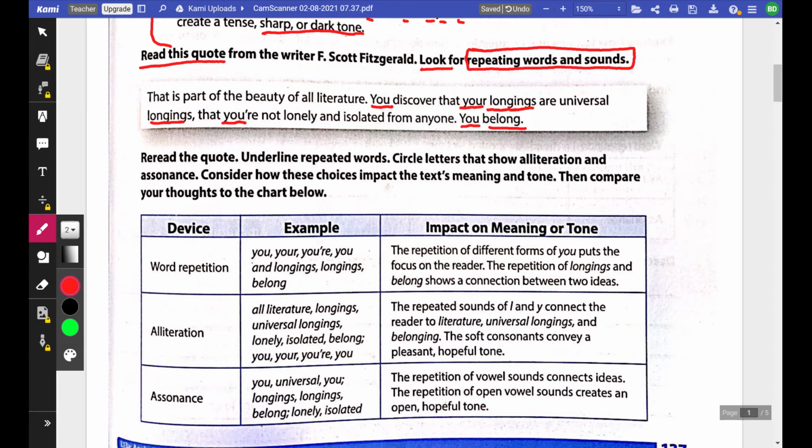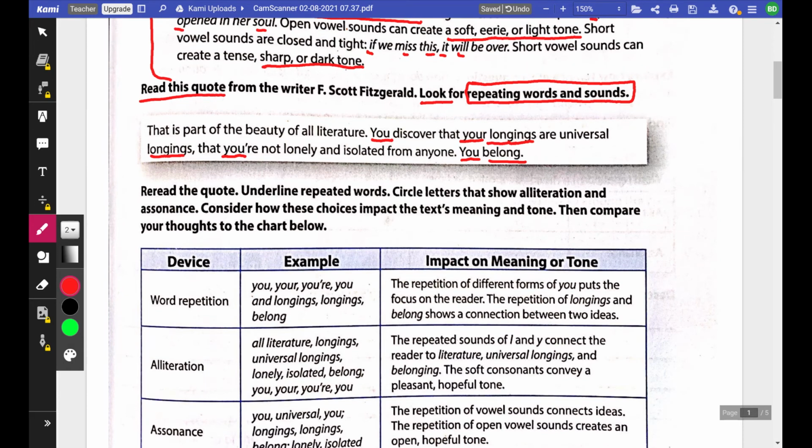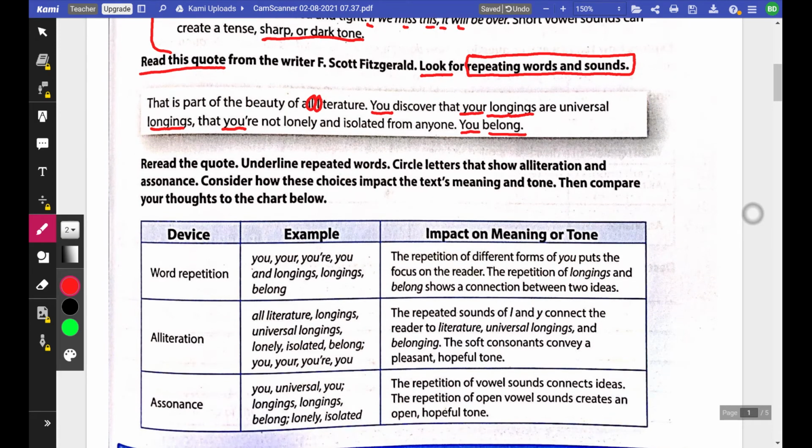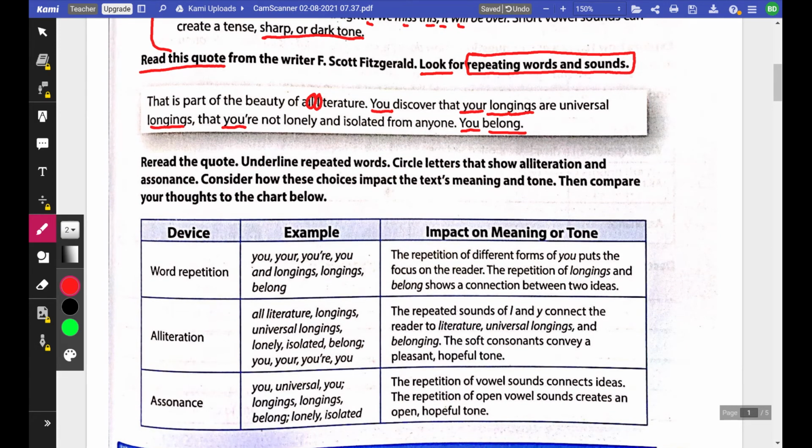Now let's look for some sounds that are being repeated. First, let's look at our consonant sounds. One that I noticed a lot of was this little L sound being repeated in all literature. And then it's again with longings, and then it's in universal.